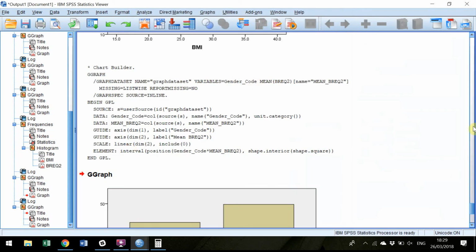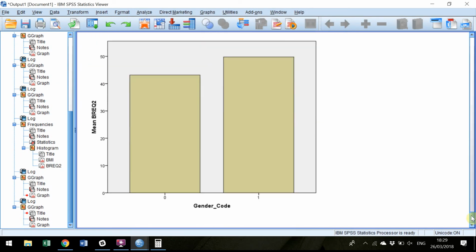Just plot that. And here's your column graph. You've got gender code, you've got males, you've got females. It appears that females are slightly, or report being slightly more motivated towards exercise on the Breck scale than males, and you can see the visual difference here.